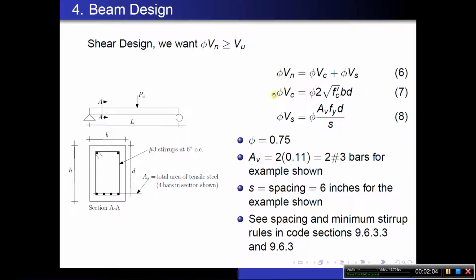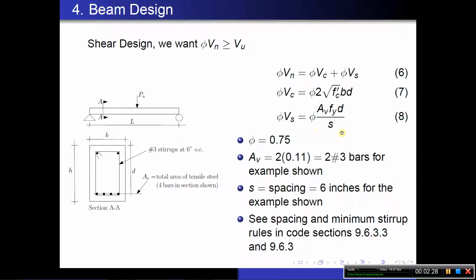To calculate phi Vc, the easiest formula that is common to use, and this one is the one that I recommend, is phi times 2 times the square root of f sub c prime times b times d. And that gives you the shear resistance provided by the concrete itself.